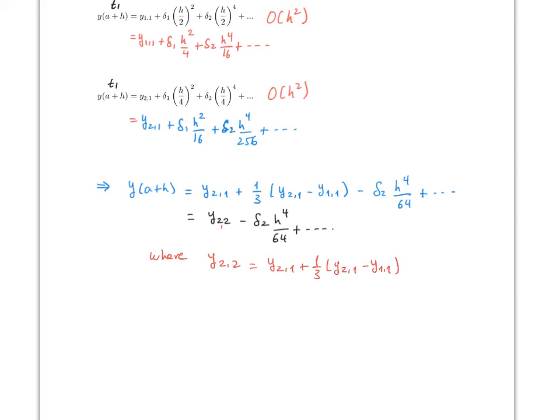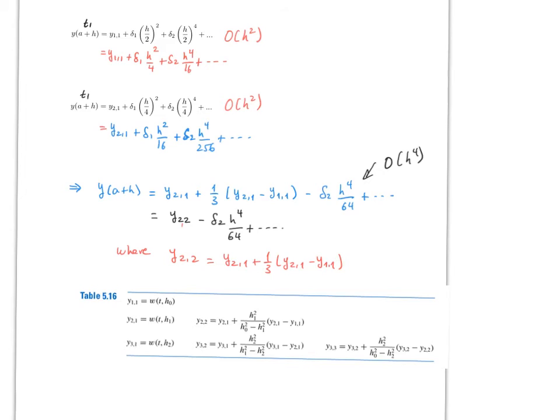And you can see that this approximation now is of order H to the 4, which is essentially the same technique that we did in section 4.3. Now you can keep doing this to change it from O(h^4) to O(h^6) and so forth.